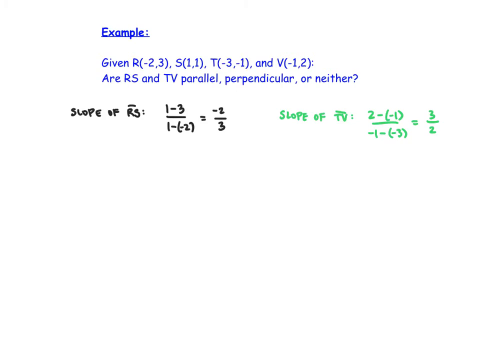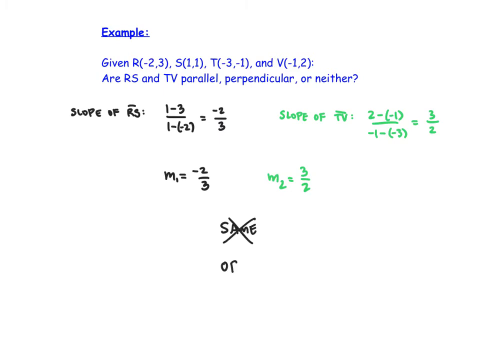So my two slopes that I'm considering, I'm going to call this slope number 1, negative 2/3. Slope number 2 is a positive 3/2. Well, these slopes are not the same, therefore not parallel.